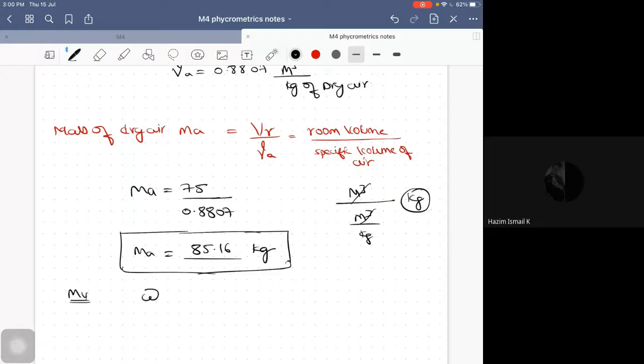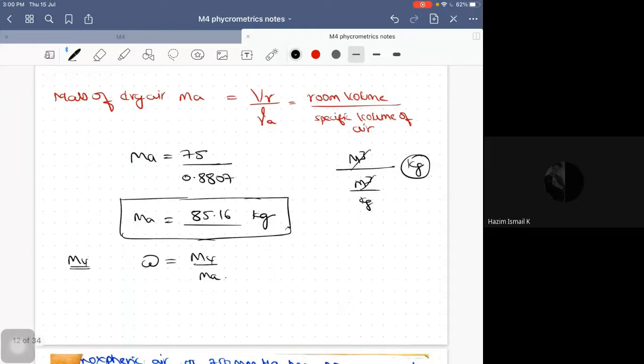I guess it is given by omega, right? Omega is MV by MA. So if I can calculate the value of omega, I would get the value of MV. Omega can be calculated as 0.622 cross PV divided by PA.